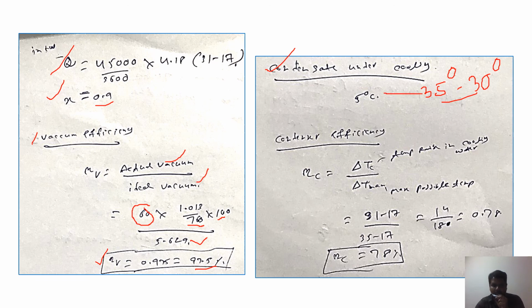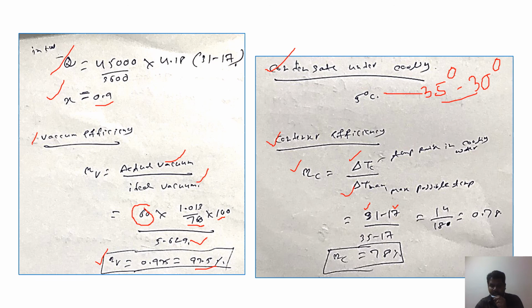The final question is condenser efficiency. Condenser efficiency equals the temperature rise in cooling water divided by the maximum possible temperature rise. The temperature rise in cooling water we can write as the temperature difference: outlet water temperature, already given in the problem, 31 degrees, minus inlet water temperature, 17 degrees.